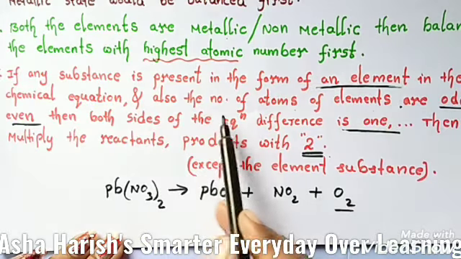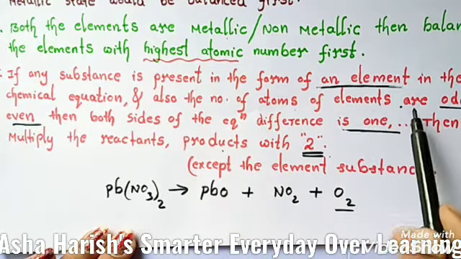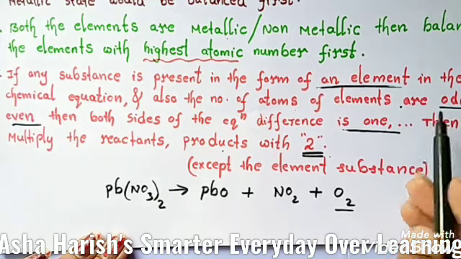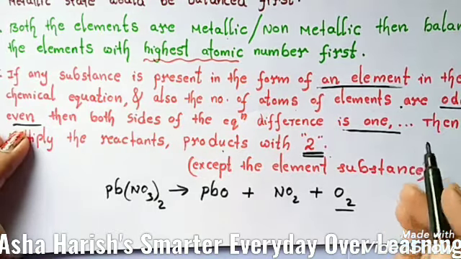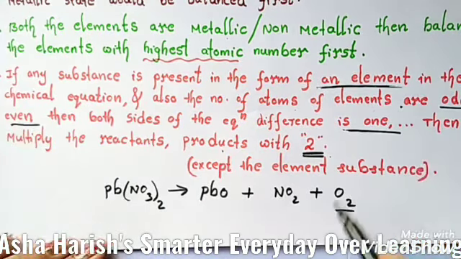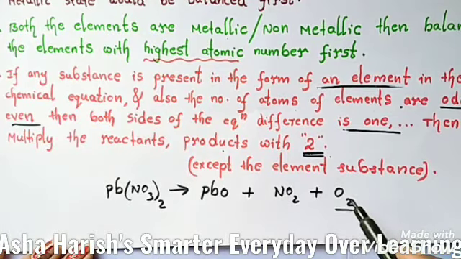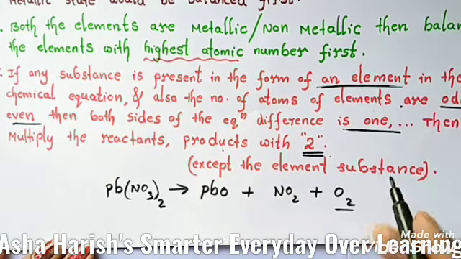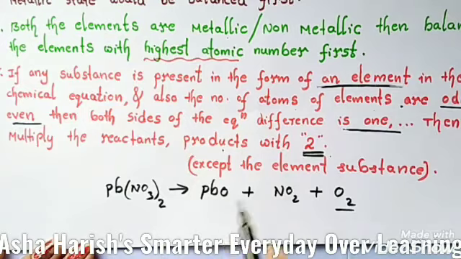In the chemical equation also the number of atoms of elements are odd or even, means this is elemental form. Okay, then you need to count the oxygen numbers here: 3 twos, 6 oxygens, and here 1, 2, 3, 4, 5.